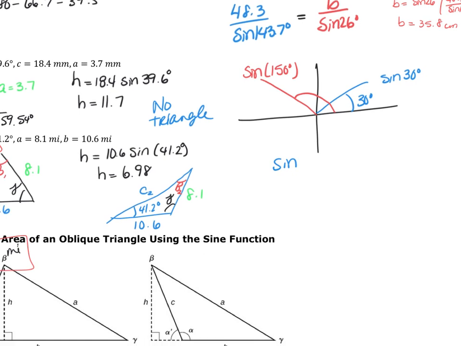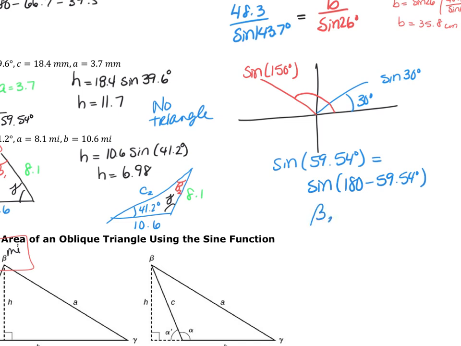So in this case, I had 59.54 as my angle. So I know that the sine of 59.54 degrees is going to give me the exact same answer as the sine of 180 minus that, using that as a reference angle. These are going to be the same thing. So this tells me what my beta sub 2 is.